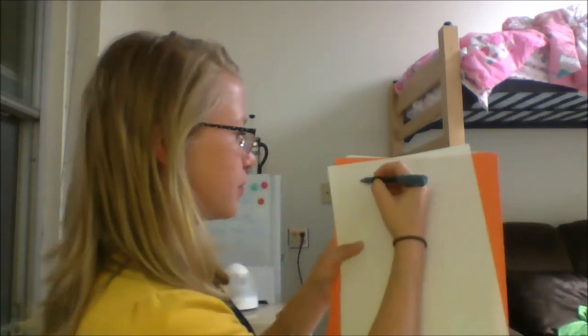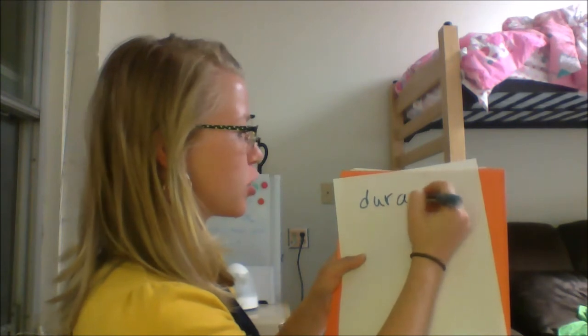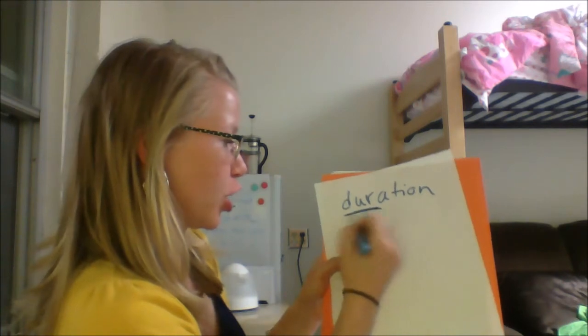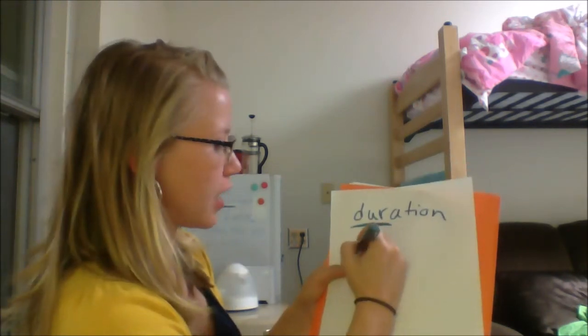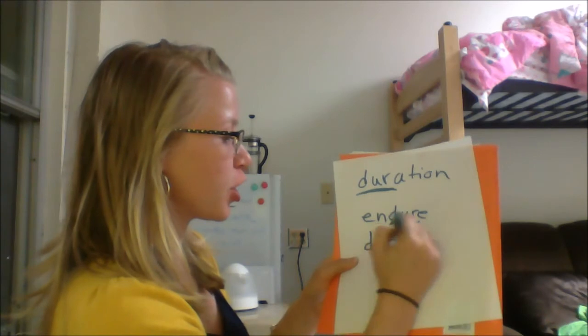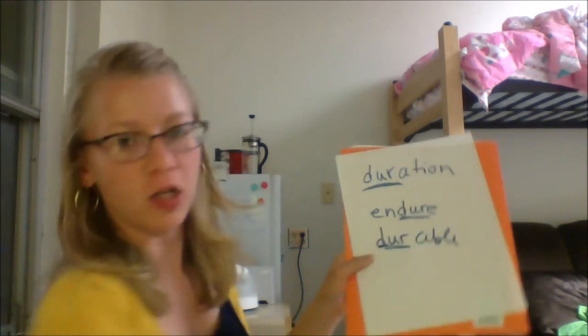Alright, the next property of tone we're going to cover is duration. So, duration is how long a tone lasts, whether it is short or if it is long. So, in the word duration, we have this Latin root dur. We see it in words like endure or durable.